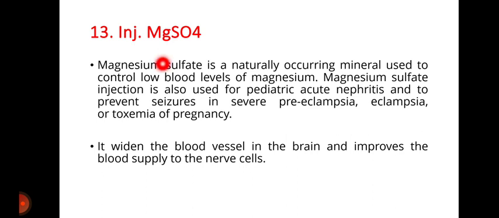Then injection magnesium sulfate, it is used to control low blood level of magnesium. It widens the blood vessels in the brain and improves the blood supply to the nerve cells as well.